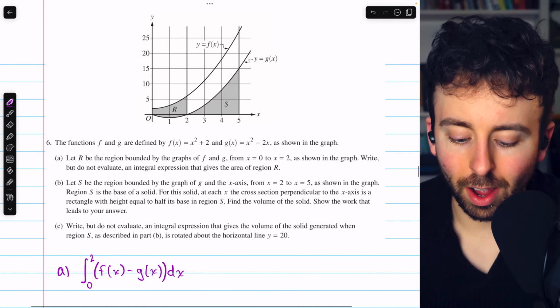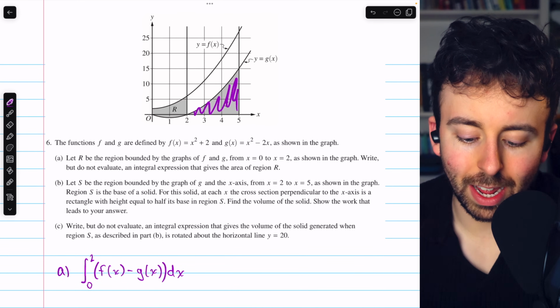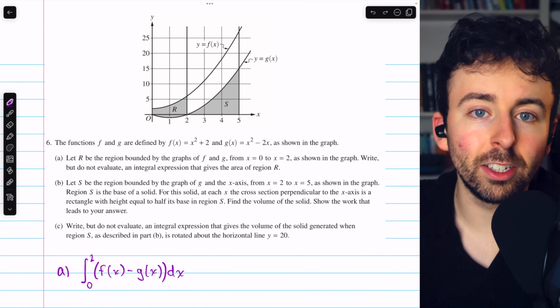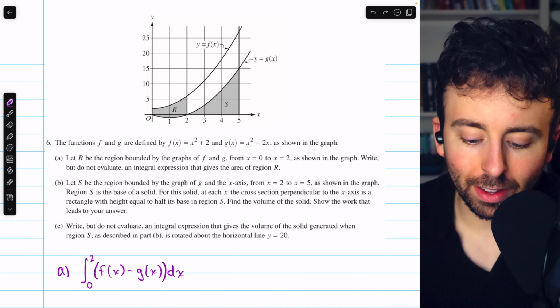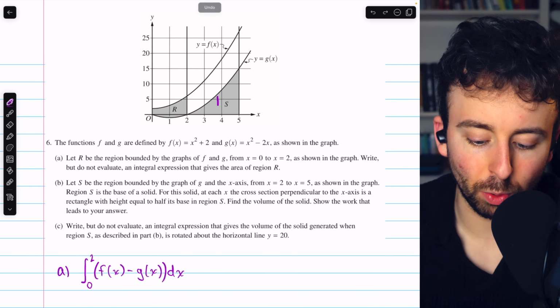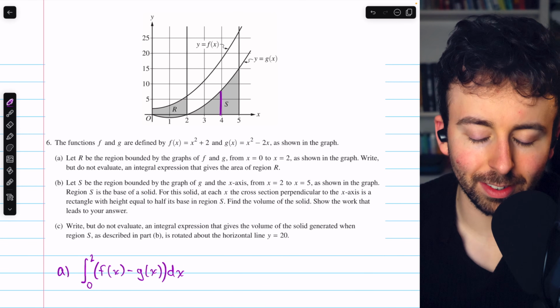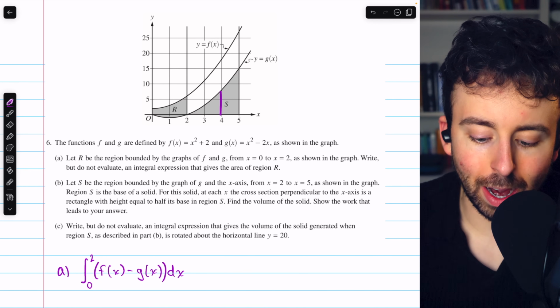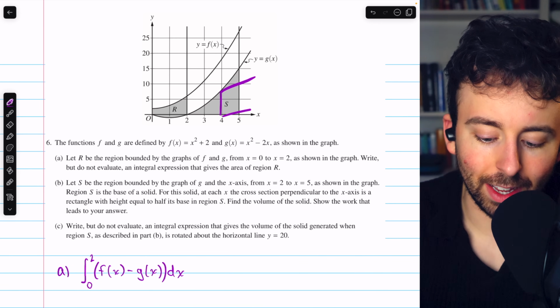So the base of the solid, like it says, is this region S. And the way the solid is made is that its cross-sections perpendicular to the x-axis, so going this way, perpendicular to the x-axis, these cross-sections are rectangles, something like this.